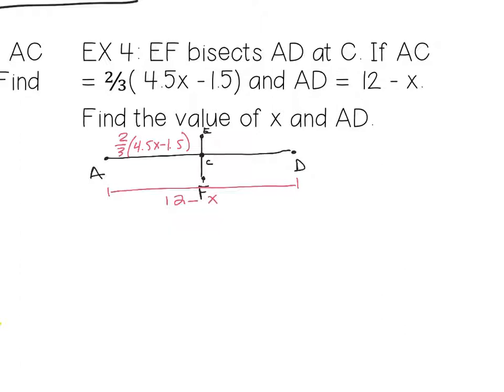Well, I know that because EF is a bisector, these two sections have to be congruent. So if AC is 2/3 times 4.5x minus 1.5, this is also 2/3 times 4.5x minus 1.5.